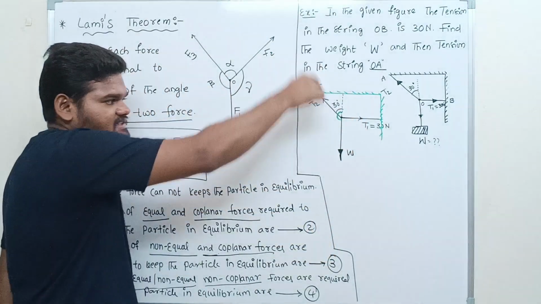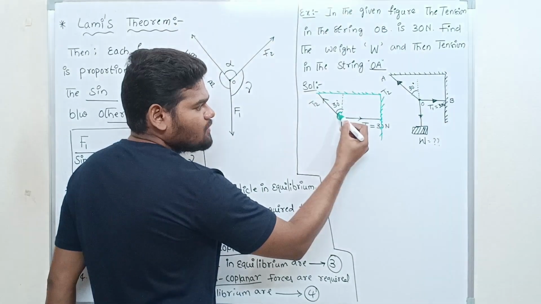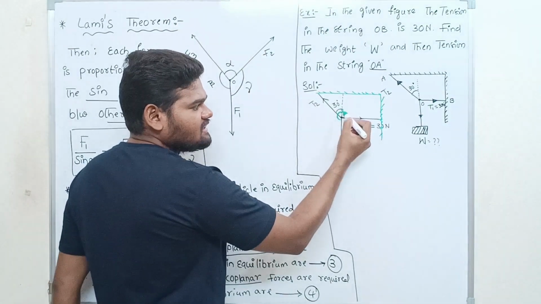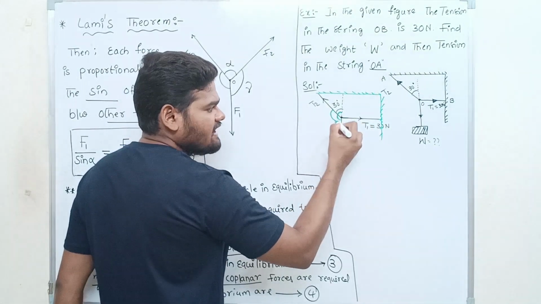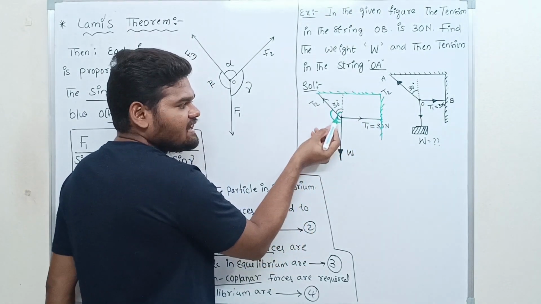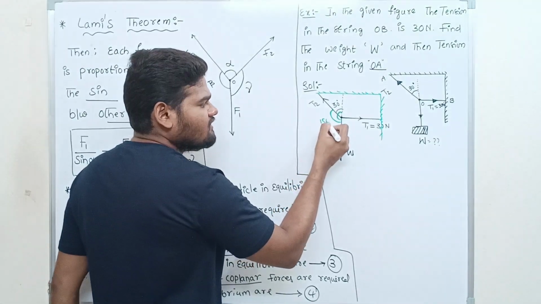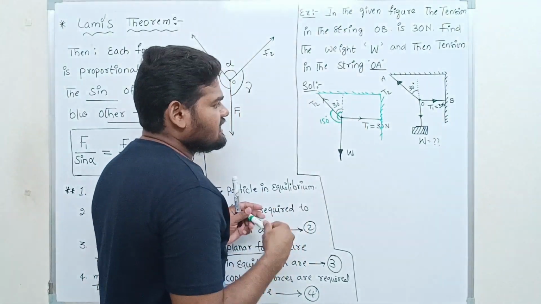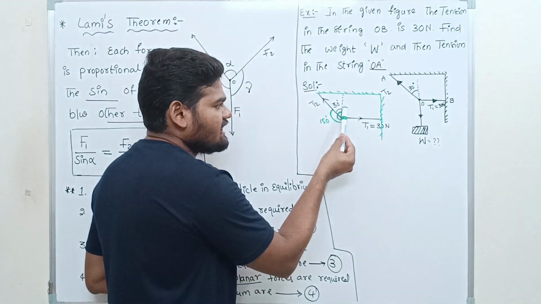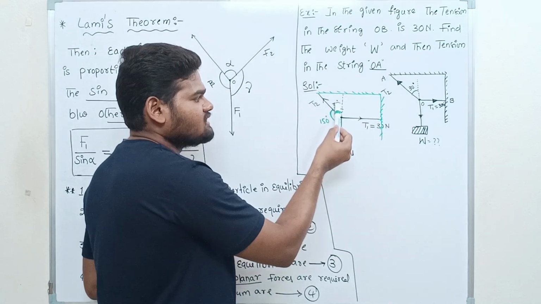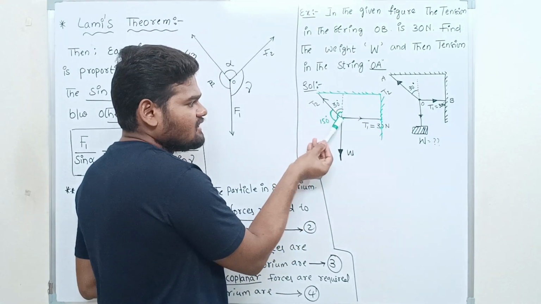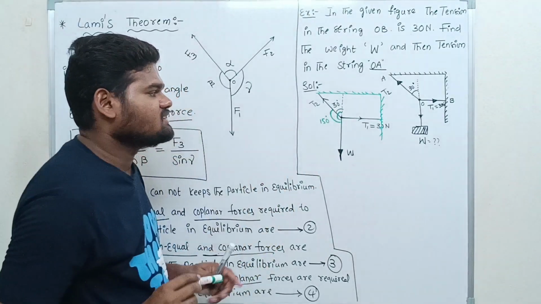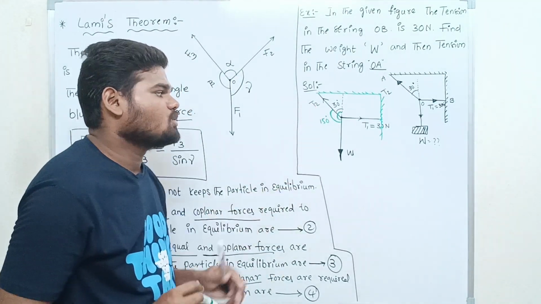This is a straight line, so the total angle is 180 degrees. From here to here, 30. Then this angle is 180 minus 30, that is equal to 150 degrees. They have given 30 degrees with the vertical, so the remaining angle is 180 minus 30, which is 150. Now we have the angle between T2 and W.